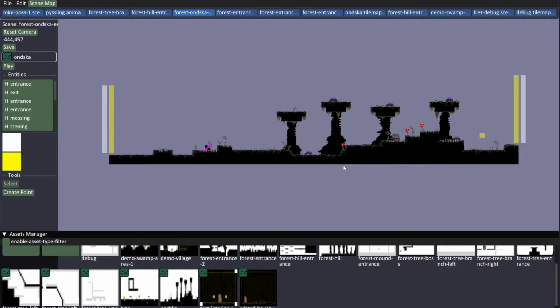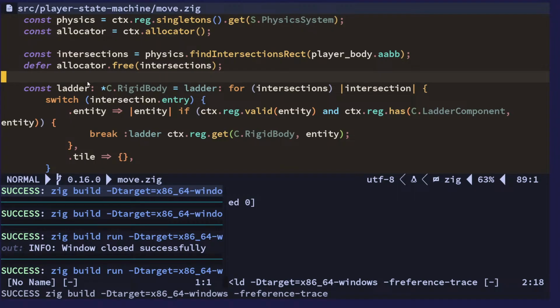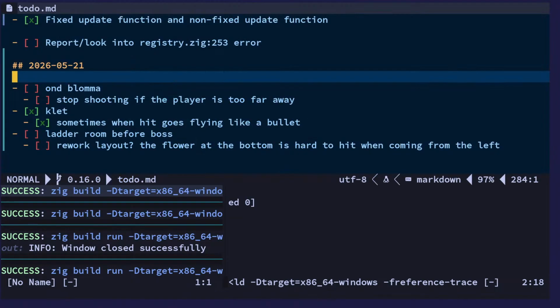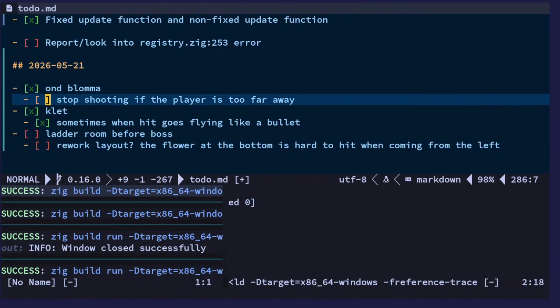Okay, anyway, I'll probably not fix that right now, but okay, cool. So we did that, this one.